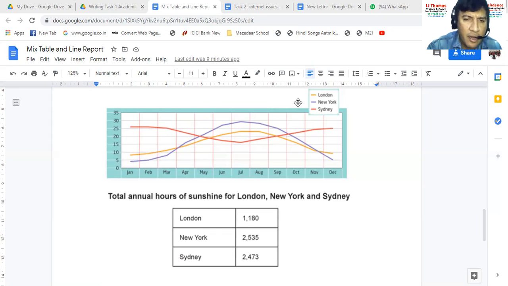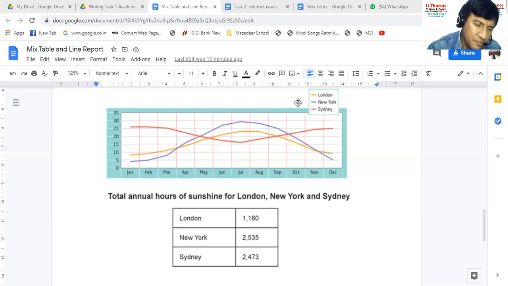While Sydney showed a contrarian trend with high temperatures at the start of the year and end of the year, and the lowest temperature was in July.